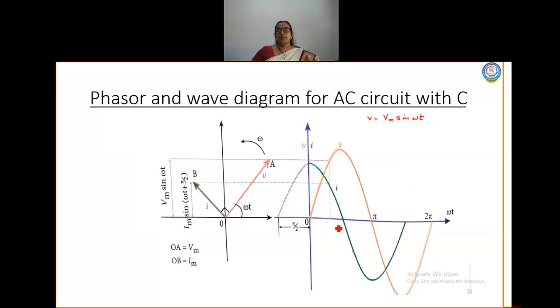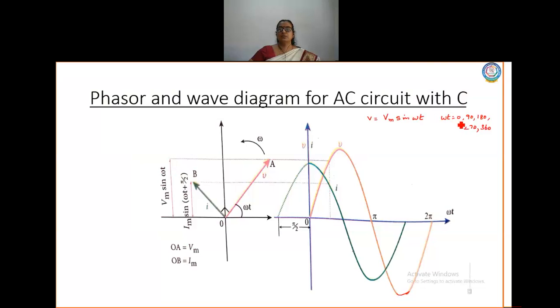Now since ωt is along the x-axis, we give different values of ωt starting from 0, then 90 degrees, 180, 270 and 360. So we are going to give different angles.